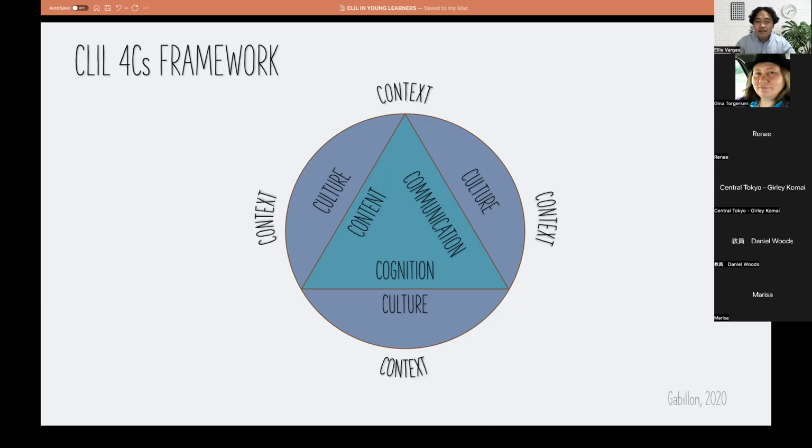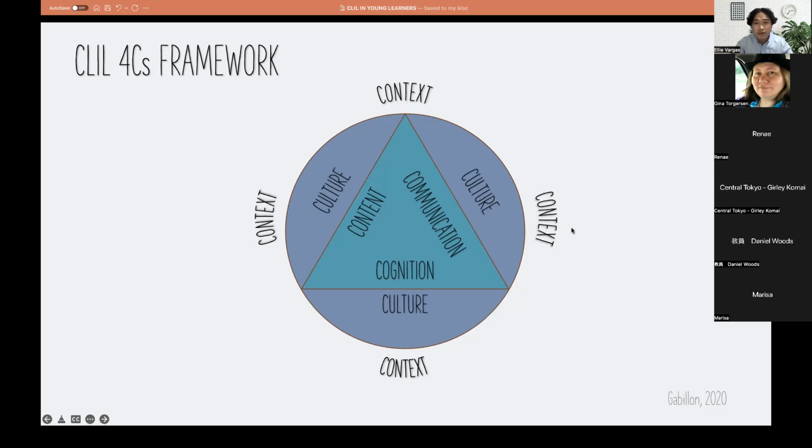And they said that it's also based on the context, the learning context where the students are, what country, what language is used in everyday life, how is English being used in that country, what's their age, okay, their English level.